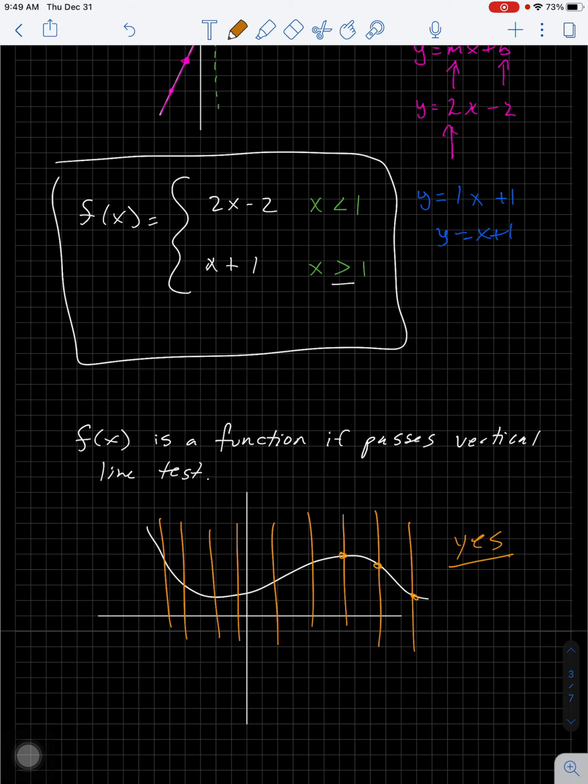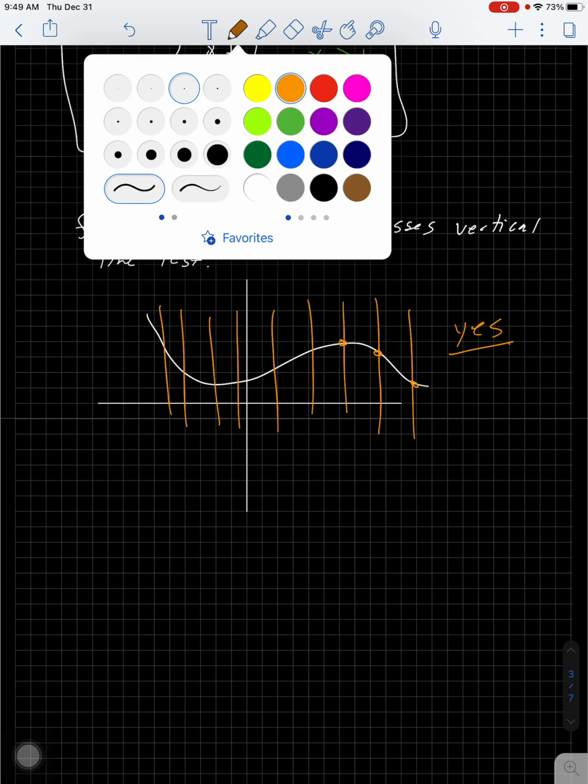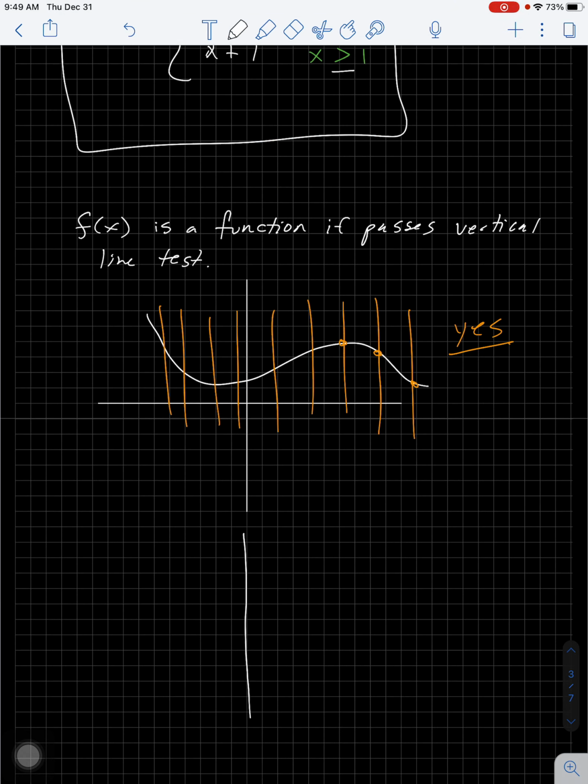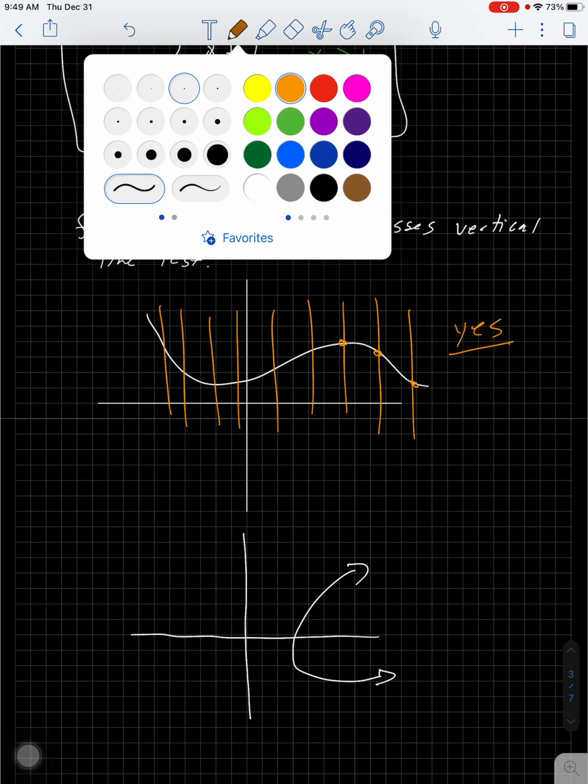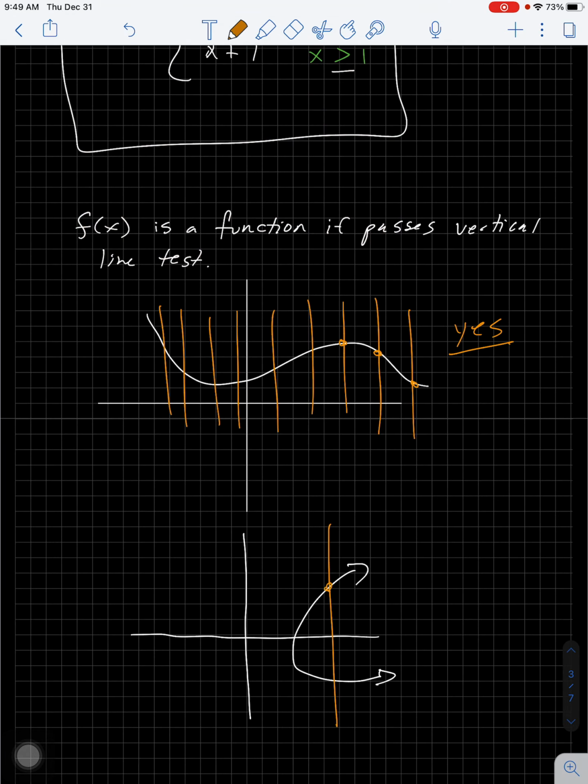So this is a function. Let's compare that to this graph right here. If I pass a vertical line through this, it touches 2 points at a time. This is not a function, okay?